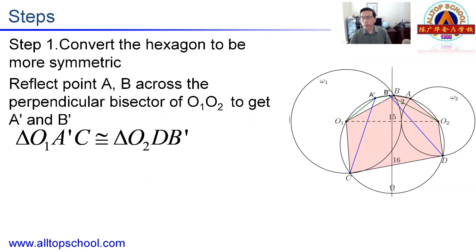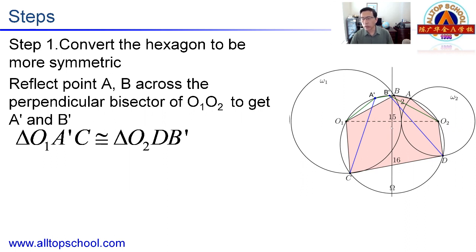A is reflected to A prime, B is reflected to B prime. We converted the hexagon into O1, A, A prime, B prime, and then O2, D, C. We just move these two points to the same circle omega, on the other side, so we get a better shape.